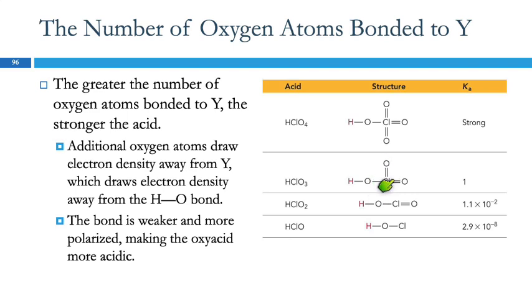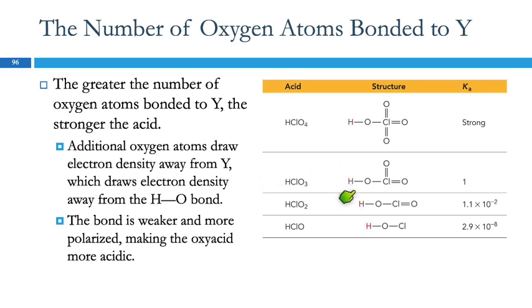Each of these oxygens is going to pull electron density away. So the chlorine is pulling electron density away from the oxygen, and these guys are helping out by also pulling on electron density. As a result of all this pulling and tugging, this bond is really weak when there's lots of oxygens. And so that's a strong acid.